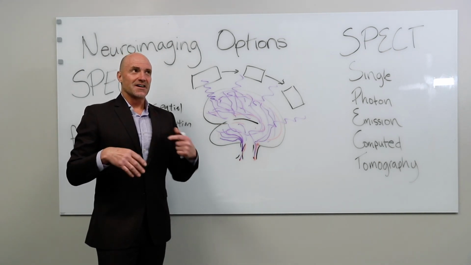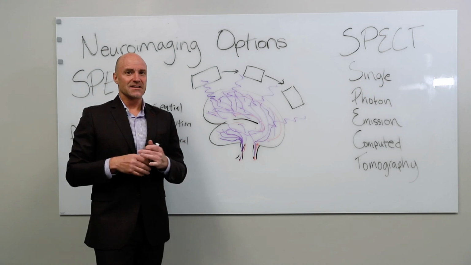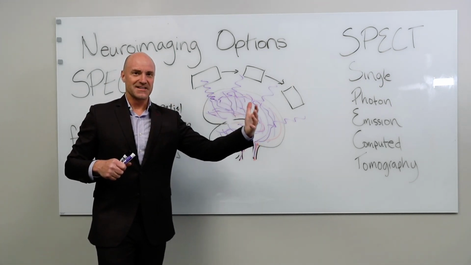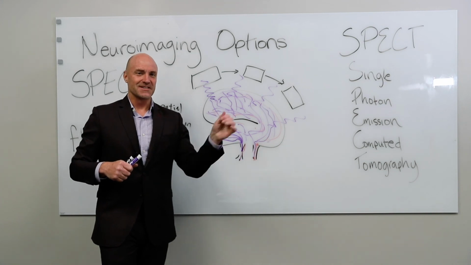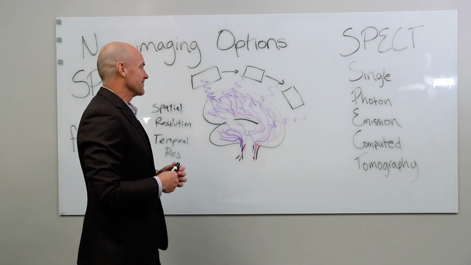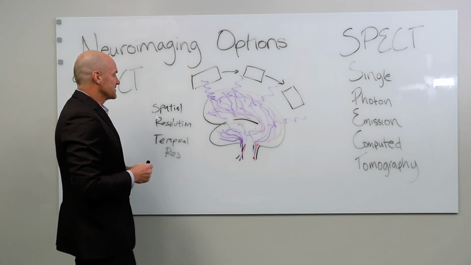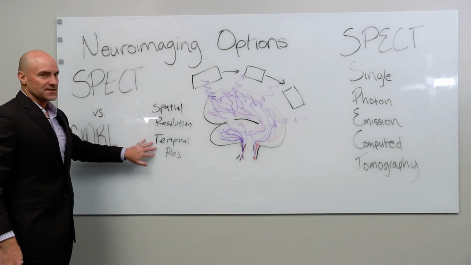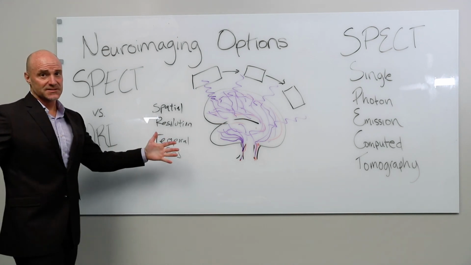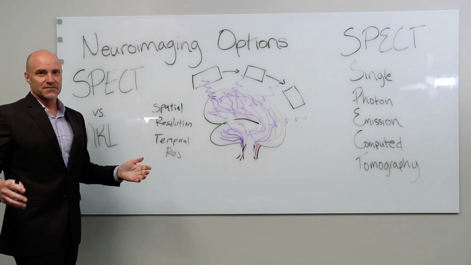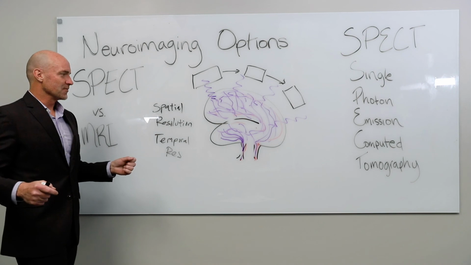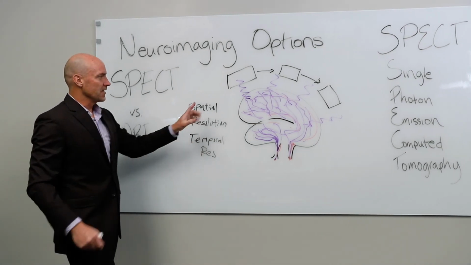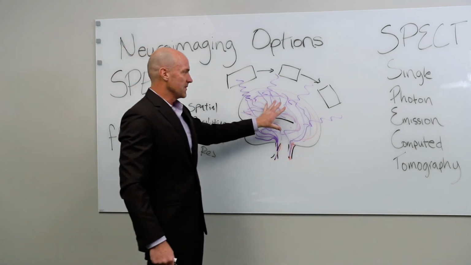So there isn't really a cognitive task that you can engage in that takes actual minutes to do. There isn't a thought that takes minutes to have. Those thoughts are very quick. Most activities that go on are very quick in your brain. And so SPECT is measuring events that are assumed to happen over minutes, which is not really very realistic, as there aren't really mental tasks that happen over minutes. What we want to get at are things that happen second by second.